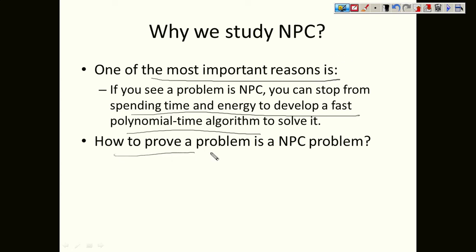Now, how do we prove a problem is an NPC problem? If a new problem alpha comes across to you and you are looking to find a solution for it, this problem may be a hard problem, meaning maybe the solution does not exist in polynomial time. You cannot write a deterministic algorithm for it. So it is always better to check the nature of the problem.